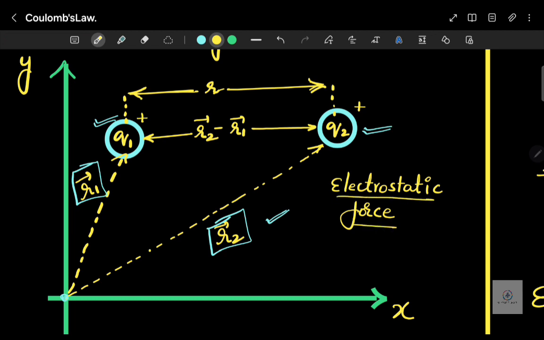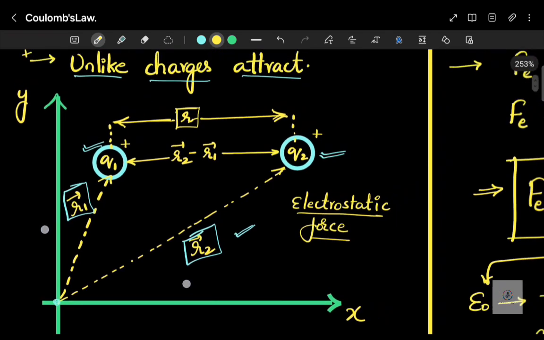One is q1 and the other is q2, and these two charges are separated by a distance of r from each other.